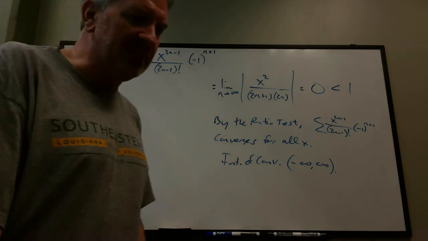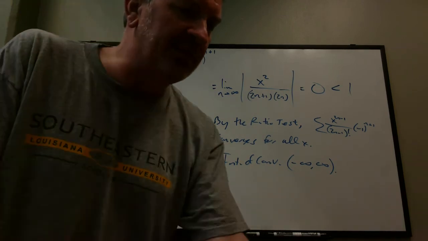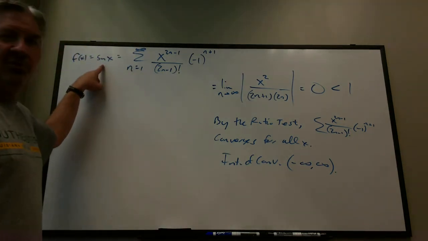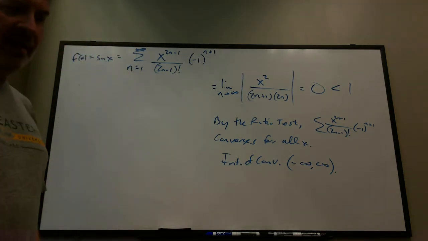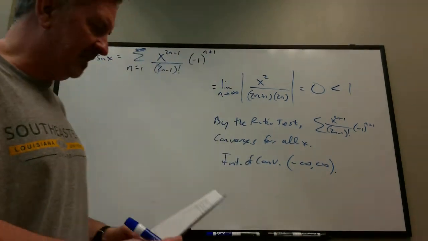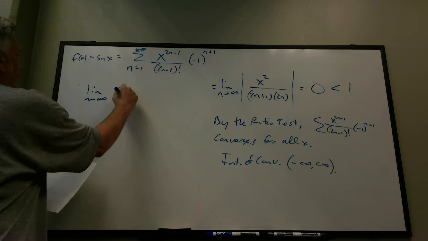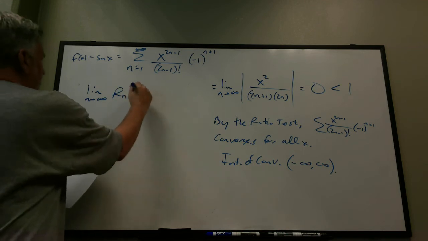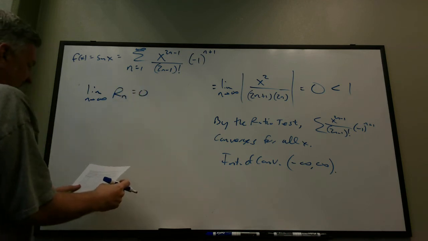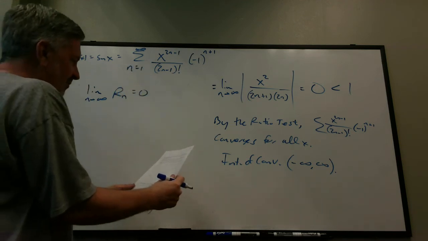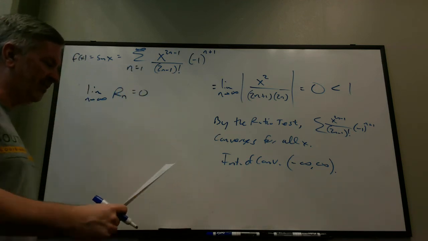So the next theorem says, how do you know that the series that you compute is actually the same as the function you use to get it? And that's what theorem 9.23 says. It says if the limit as n goes to infinity of the remainder term is 0 for all x in the interval I, remember that's the interval I around c, then the Taylor series for f converges and equals f.